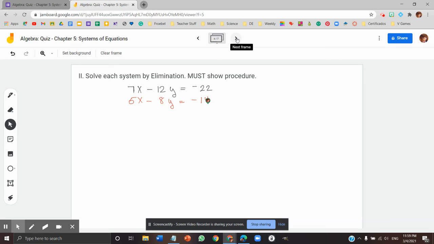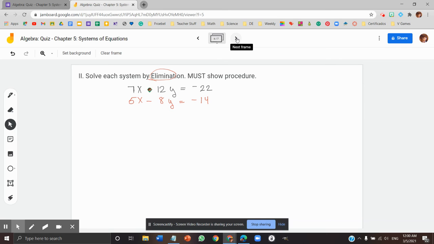And they're telling us to use elimination. Now, this is going to be a little bit trickier because I cannot cancel anything right now, right? If I add 7x and 5x, I'm just going to have an even bigger x, and the same thing with my y's.